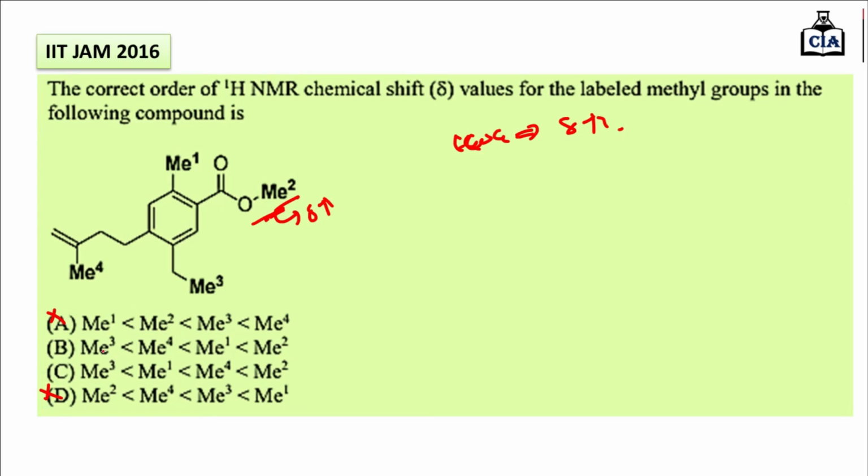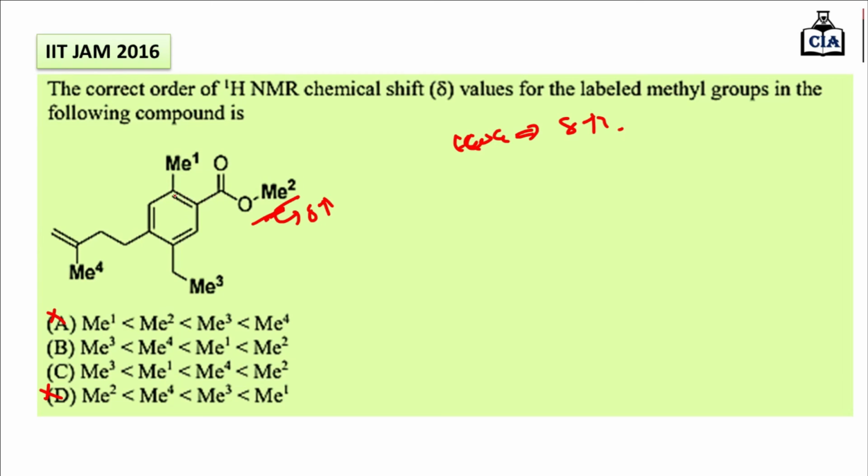Now both options have the methyl group at the lowest chemical shift value, so we have to check methyl 1 and methyl 4. If you see, both methyl 1 and methyl 4 are attached to an sp2 center, but at this benzylic center an electron withdrawing group is also present.